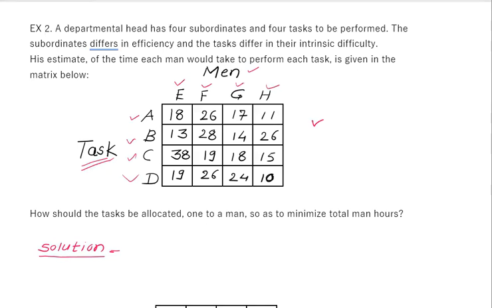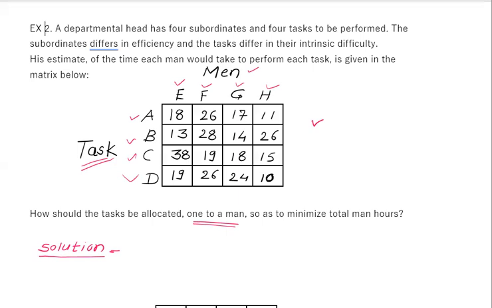Now, how should the tasks be allocated? One to a man, that is, each task is allocated to one person, and one person will be allocated one task.